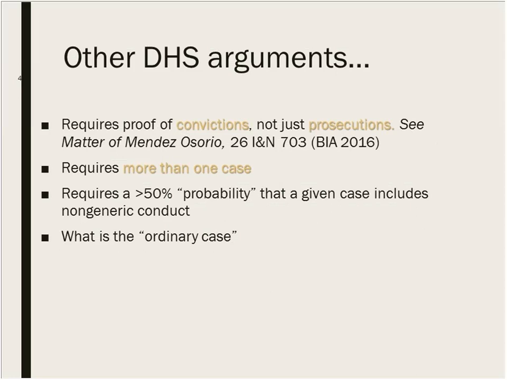So DHS loves the realistic probability approach because it is one of these chips in the categorical approach that allows them to say, oh, well, it's overbroad, but that's just a crazy scenario and it would never actually happen. So your client's actually deportable for that conviction, because the vast majority of the conduct is deportable.